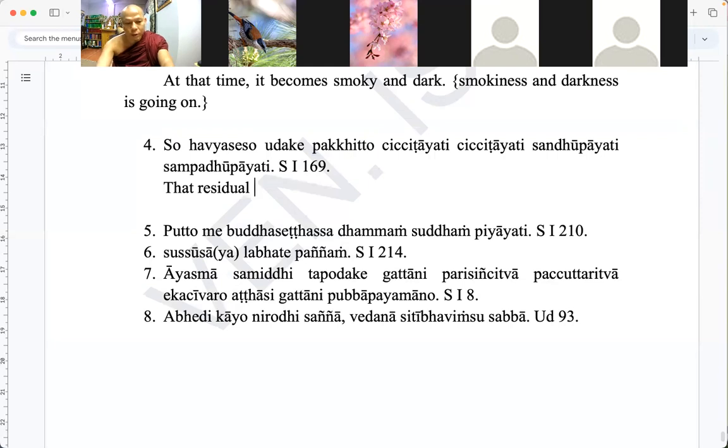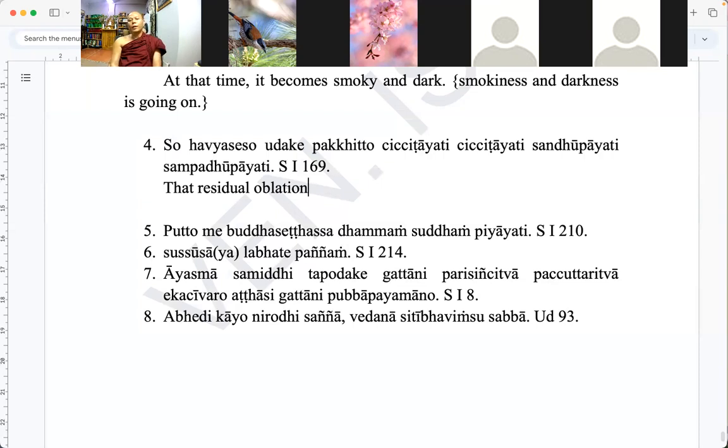"Sesa" means residual or remnant or remaining, and then "Havya" means oblation. So residual oblation or the rest of the oblation also. The remaining oblation.